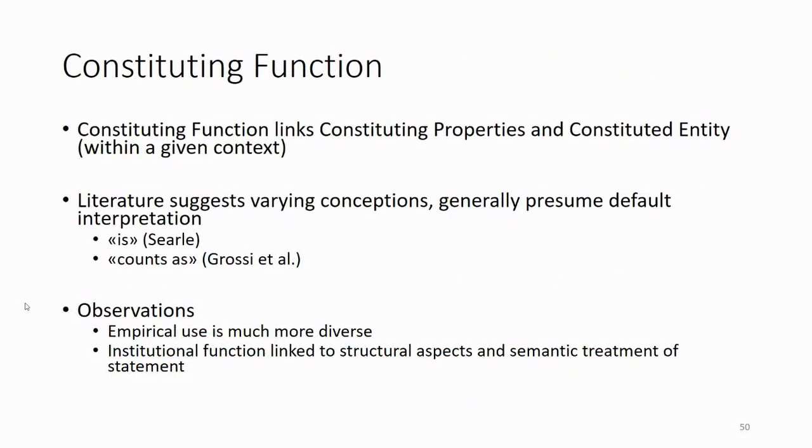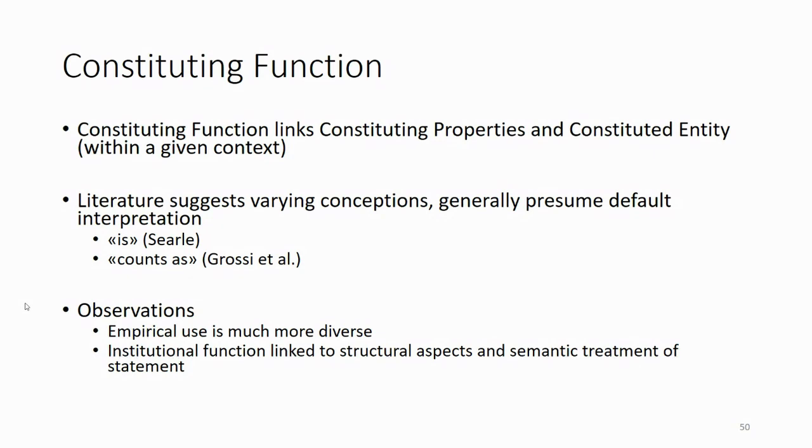If we look at the constituting function, we'll find that literature generally suggests that it's a fixed type. In the original reference to Searle that was made in the beginning of this video by Saba, it is represented as an is, so X is Y in the context Z, for example representing a particular relationship or the role an individual holds in a particular context.